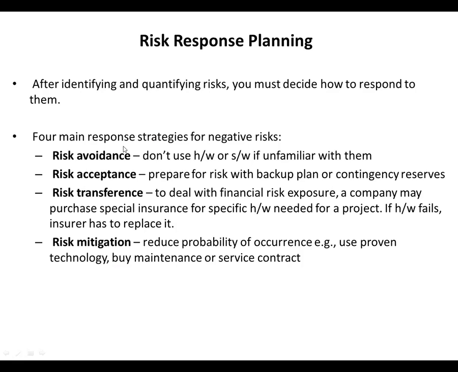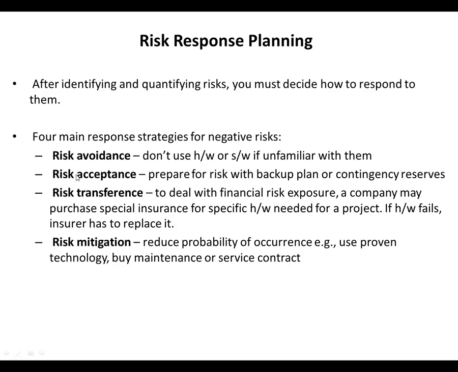Although I say it's the first risk response strategy, there's no priority. You can go for any, and there's no priority list of response strategies. They all are independent. The second one is risk acceptance. We are going to accept it. If this risk happens, let it happen.